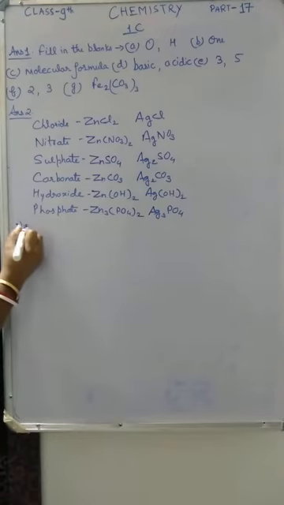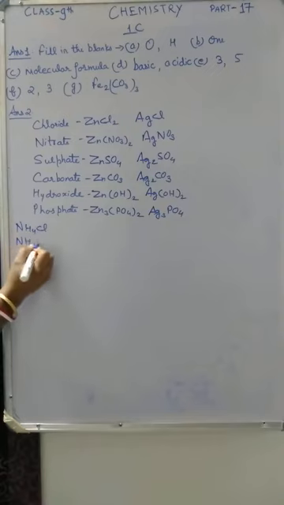Now for ammonium, I am writing here. Ammonium chloride, NH4Cl. Nitrate, NH4NO3.